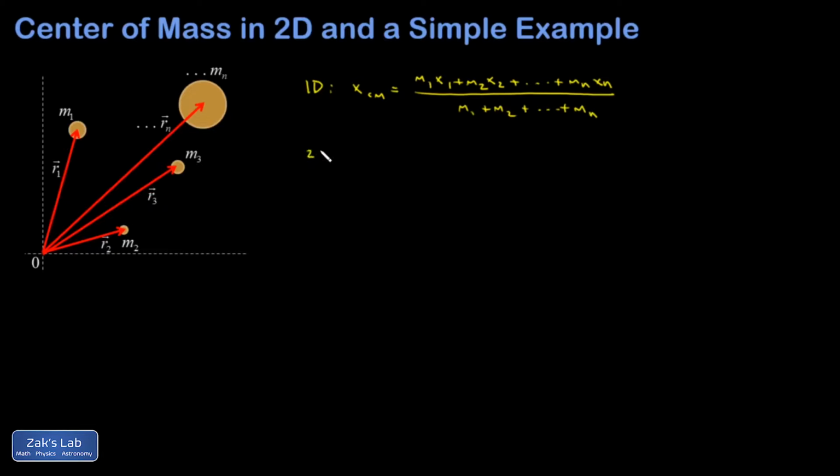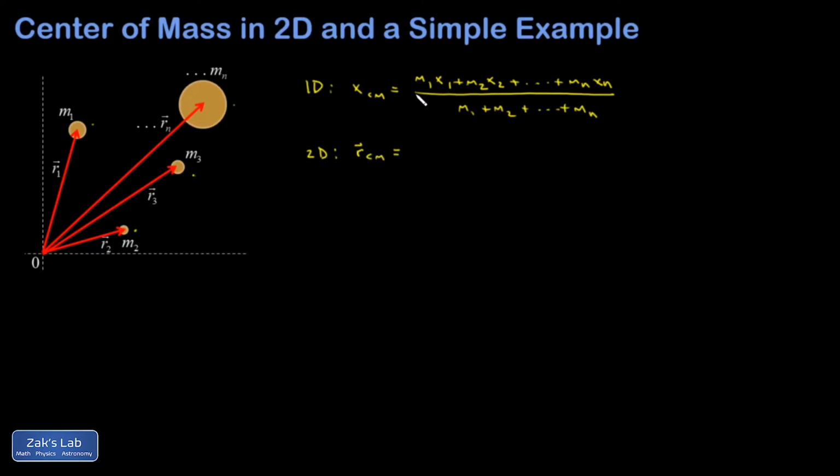Now, how do we extend this into two dimensions? What I've shown here is a two-dimensional distribution of mass. They're just randomly placed, and I give them a bunch of different sizes. Their positions are given by position vectors measured from a common origin. So how are we going to find the 2D position of the center of mass?